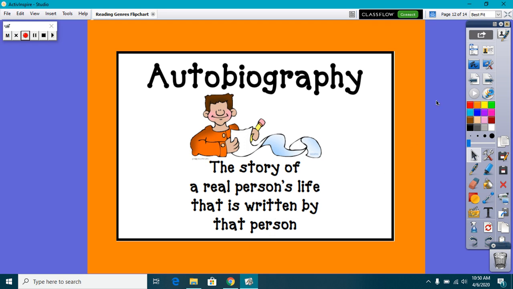It would be like if you were to sit down and write a story about your life and everything that's happened, that would be your autobiography. Some popular autobiographies that exist are Benjamin Franklin wrote down everything about his life. Helen Keller wrote an autobiography. And so those important people were just giving facts about their own lives.